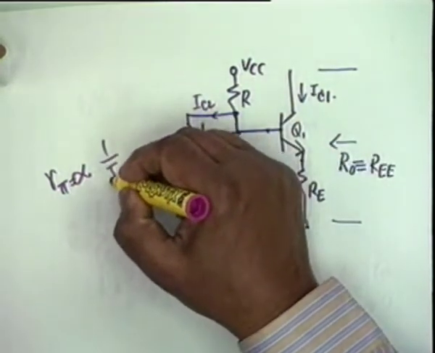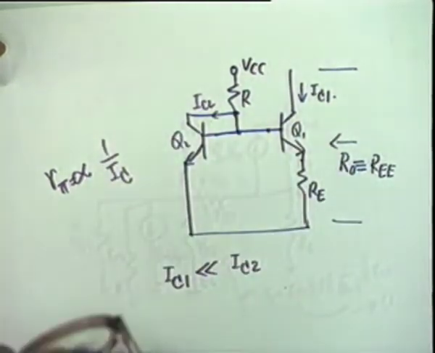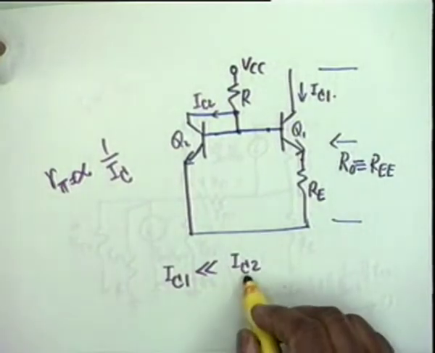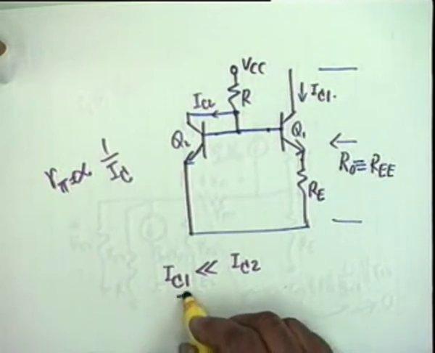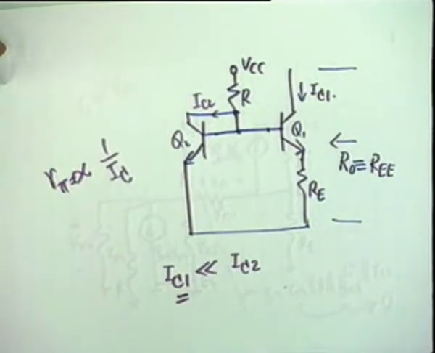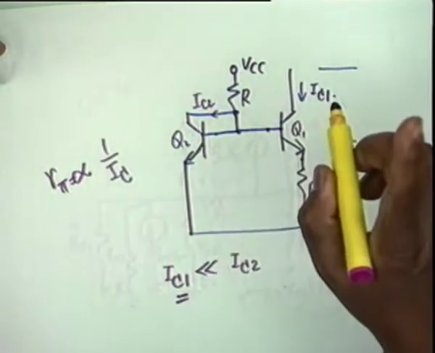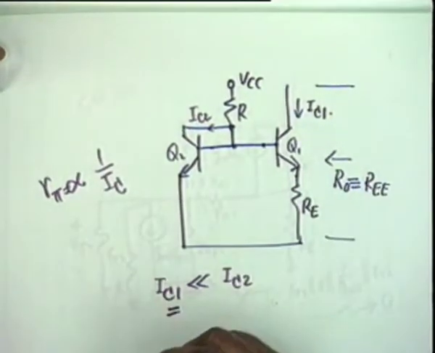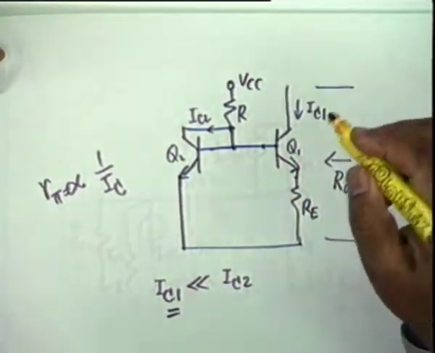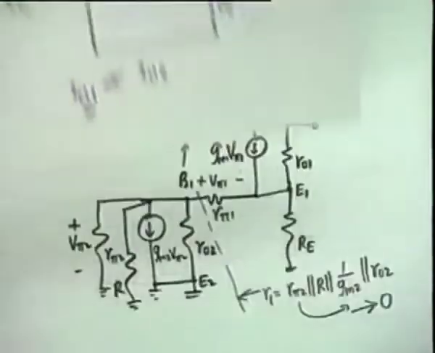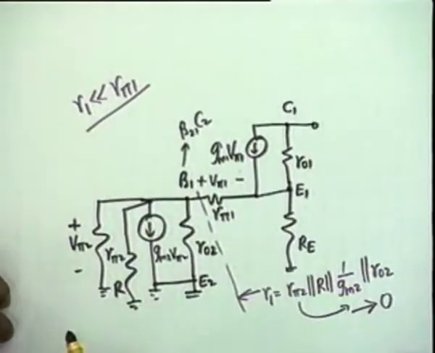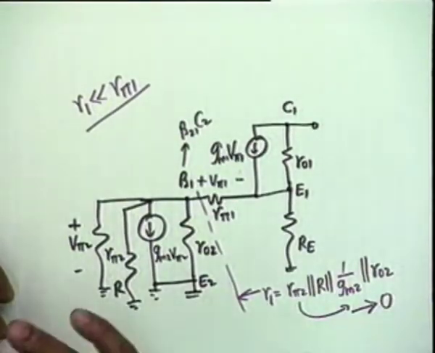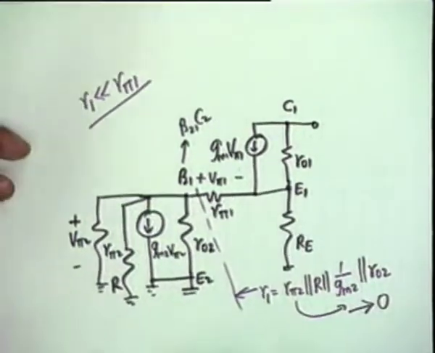And since IC1 is much less, R pi 1 is much greater than R pi 2, which means that we are quite justified in assuming that R1 is far less than R pi 1. So we ignore it.